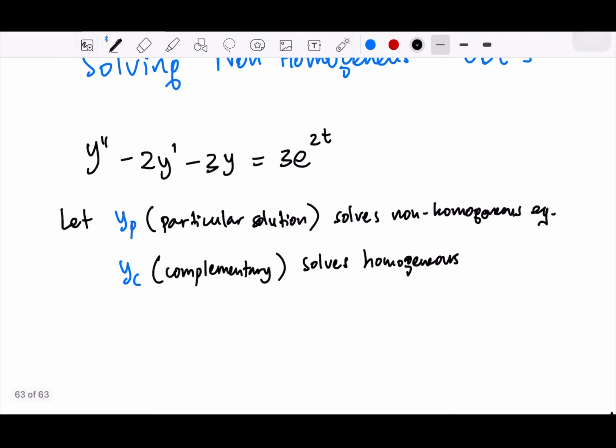So the homogeneous equation from the non-homogeneous, we could write: this is y double prime minus 2y prime minus 3y equals 0, okay?